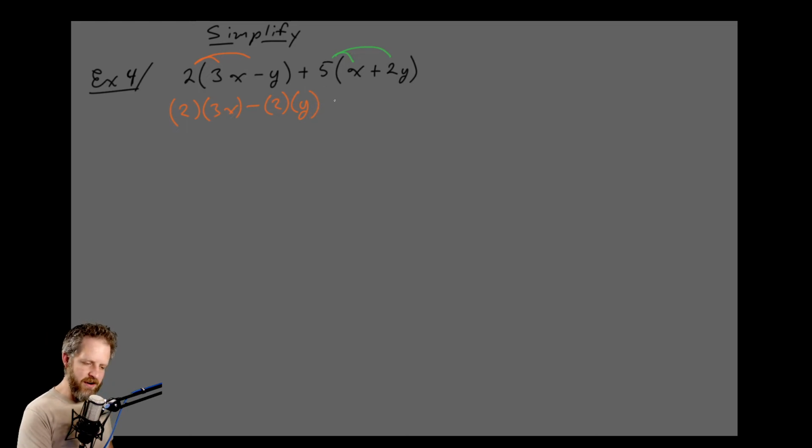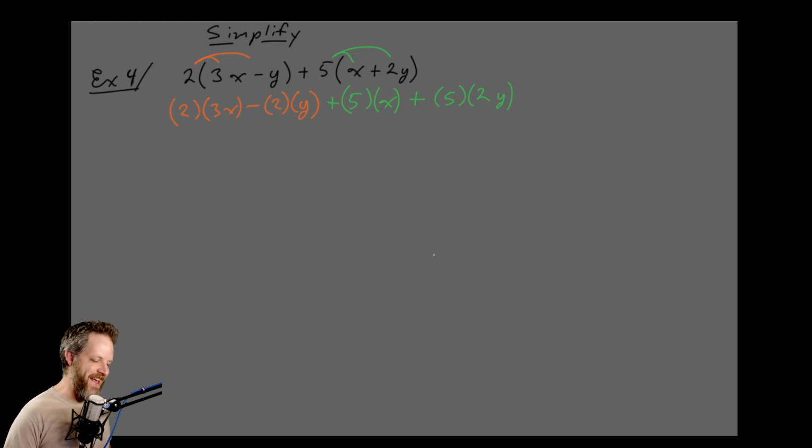And then over here, we've got plus 5 times x plus 5 times 2y.